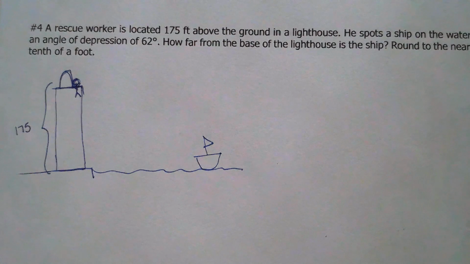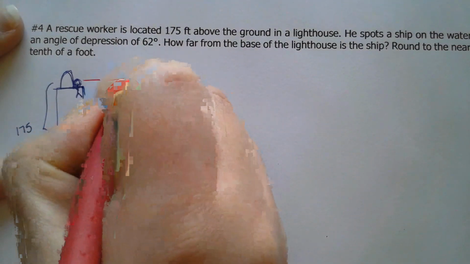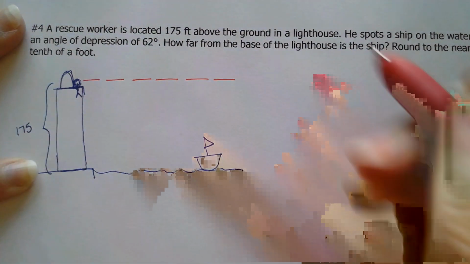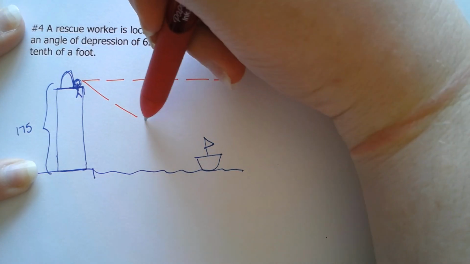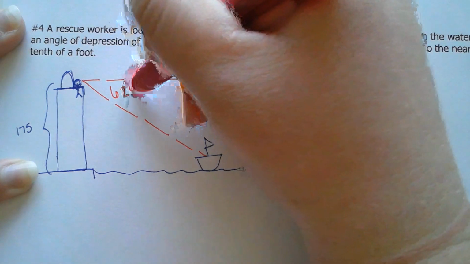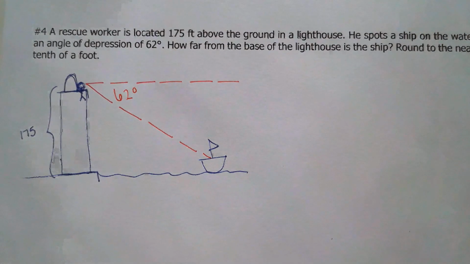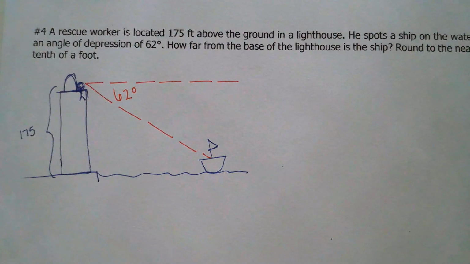So what this means is that from his horizontal line of sight, if he were to look down at the boat, it would be 62 degrees. This is really important to recognize what we're looking at here. And then it says, how far is the boat from the lighthouse? Round to the nearest tenth of a foot.